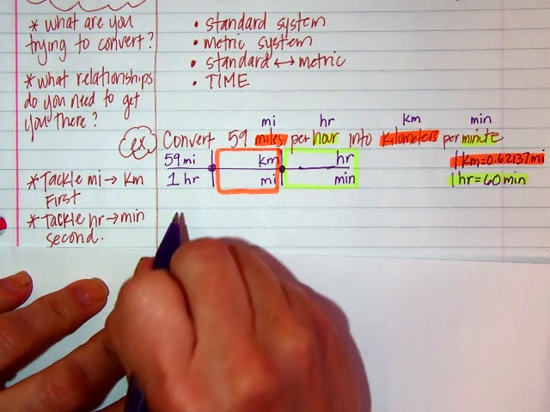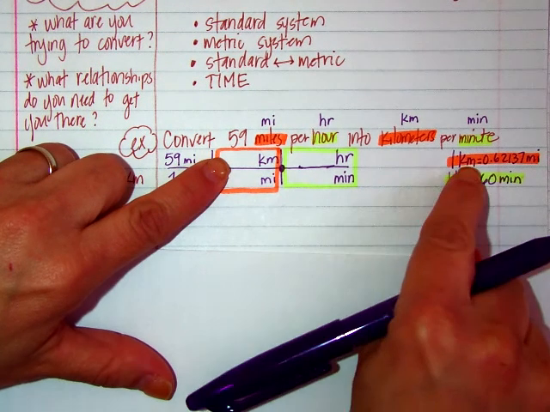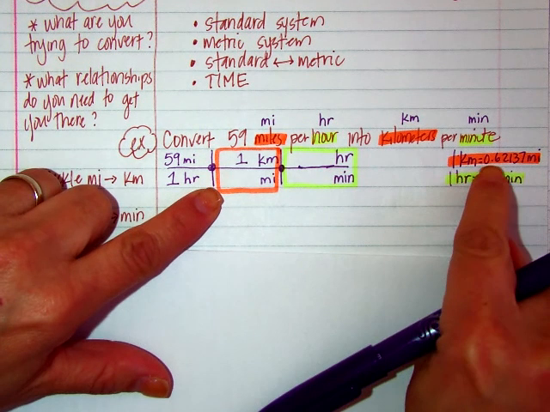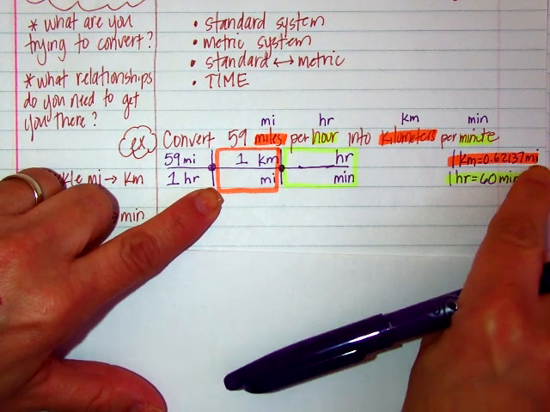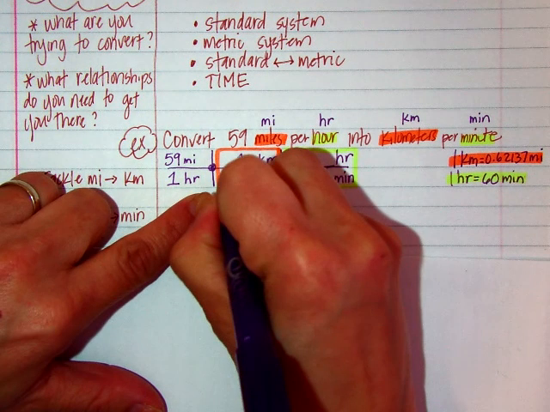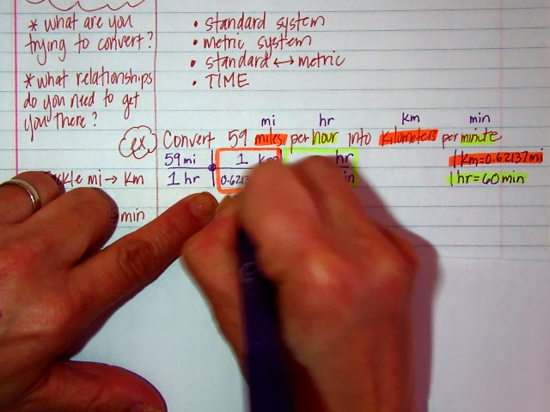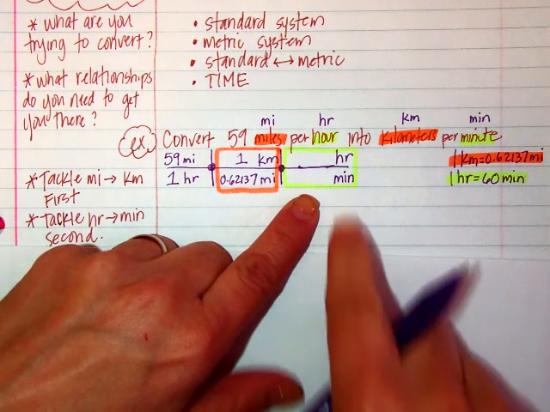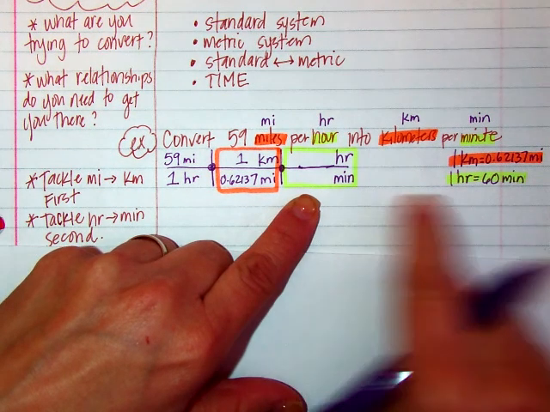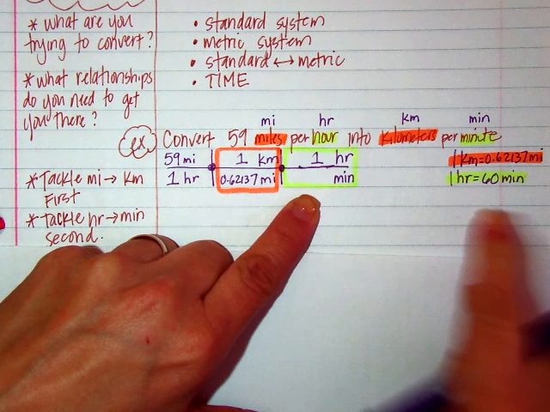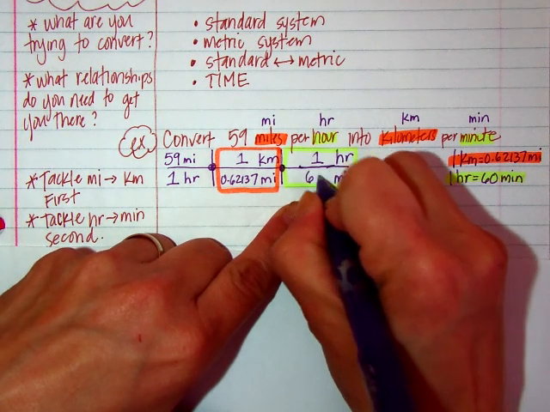So 1 kilometer, that number goes on the top, is equal to 0.62137 miles. So I'm going to write that down and squeeze it in. 0.62137. And now the relationship between hours and minutes. I have 1 hour, which will be on the top. And now that is equal to 60 minutes.